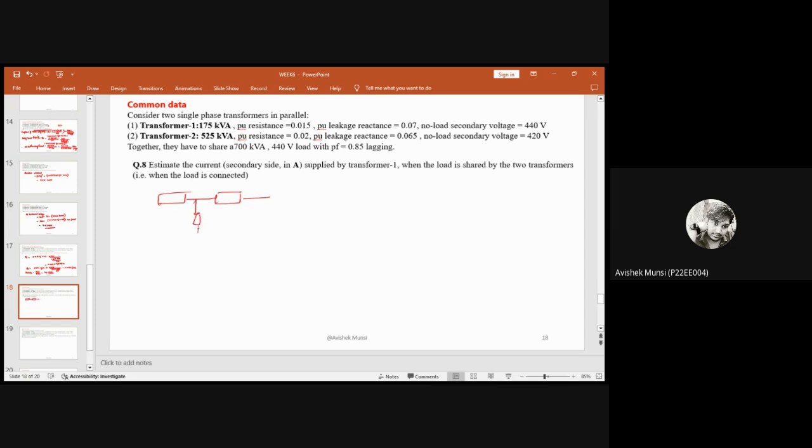Then we have outside E1, E2, Z1, Z2. So the total impedance, cos inverse of 0.85.